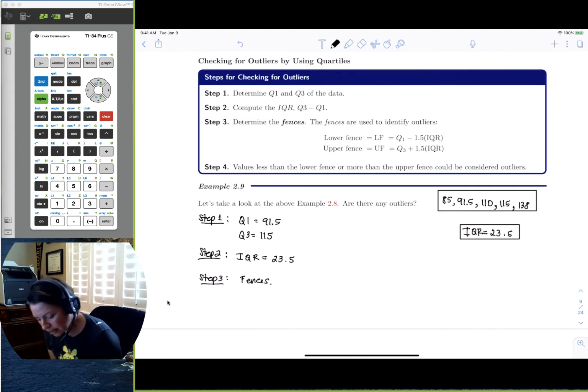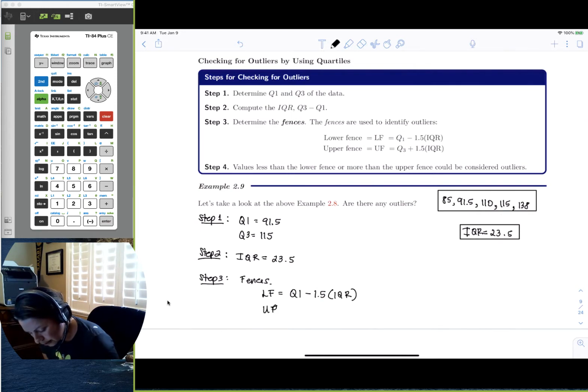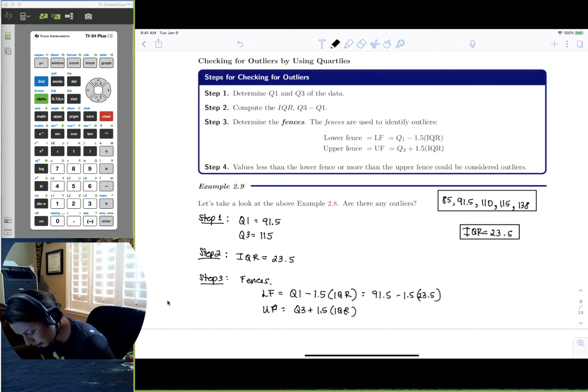So let's determine the fences. The lower fence is just going to be Q1 minus 1.5 times the IQR, and the upper fence is going to be Q3 plus 1.5 times the IQR. So the lower fence is 91.5 minus 1.5 times 23.5, and the upper fence is Q3, which is 115, plus 1.5 times the IQR.